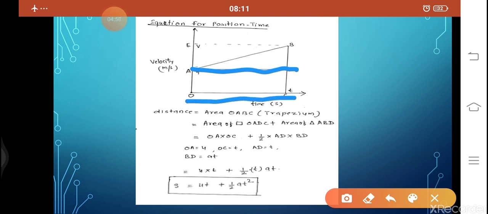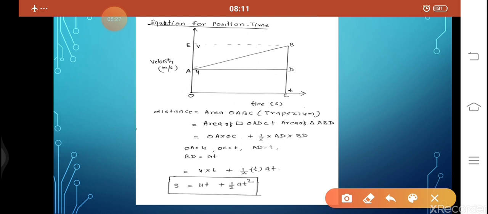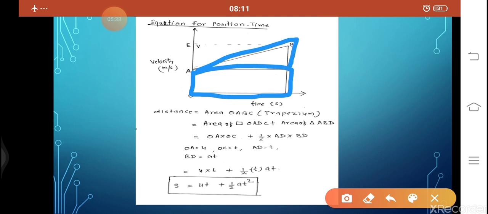So how do we calculate the area of the velocity-time graph? S equals the area of trapezium OABC. You can write the trapezium as the sum of a triangle and a rectangle. We have one rectangle OADC and one triangle ABD, and we have to calculate these two areas.